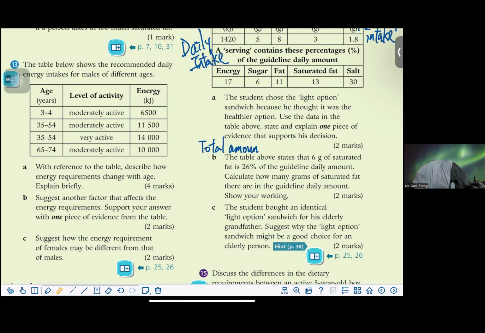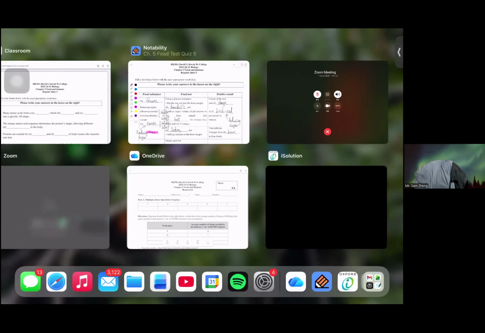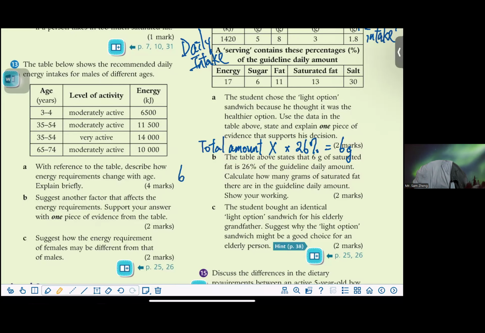We do not know, so let it be X. Then X times 26% will be equal to 6 grams. Then what will be X? Very easy. We just use 6 divided by 26%. Then we can find out the answer.